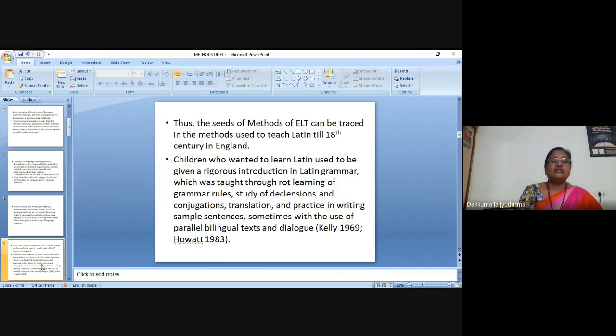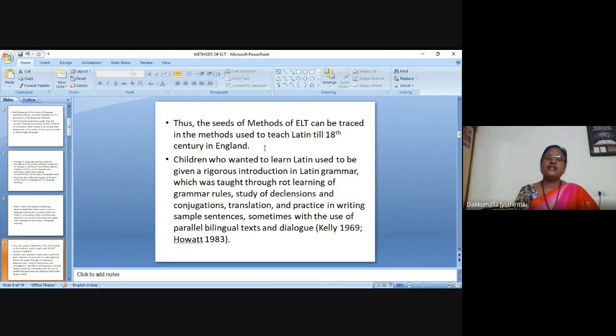So thus the seeds of methods of ELT can be traced in the methods used to teach Latin till the 18th century in England. I hope you might have guessed why I took the example of Chaucer at the very beginning of this lecture, to show you how Latin was set back after writers or poets started writing in English.